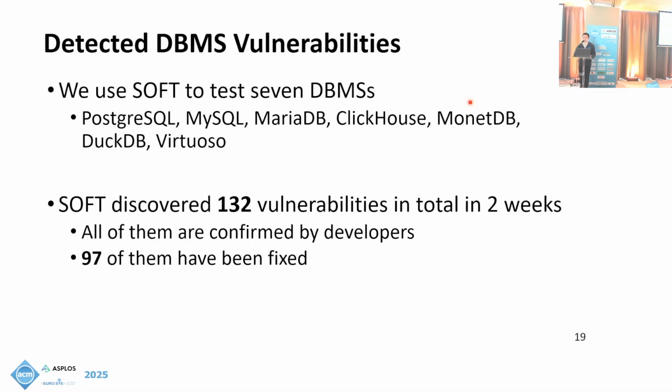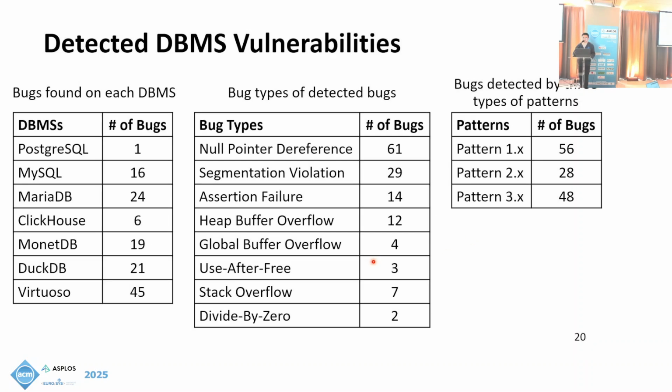We use Soft to test 7 databases, including PostgreSQL, MySQL, MariaDB, and others. Soft successfully discovered 132 vulnerabilities in total in 2 weeks. All of them are confirmed by the developers, and 97 of them have been fixed. These tables present the details of the found bugs.